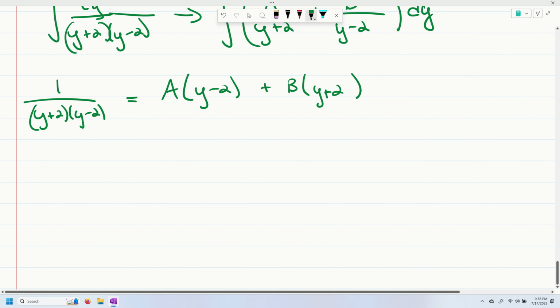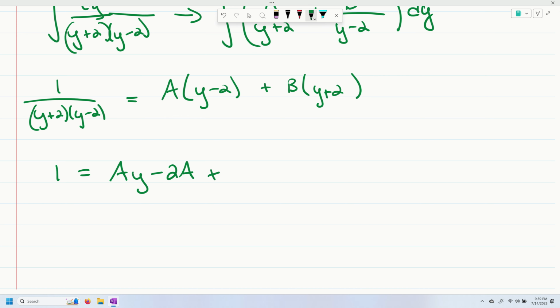So this turns out just to be 1 equals Ay minus 2A plus By plus 2B.